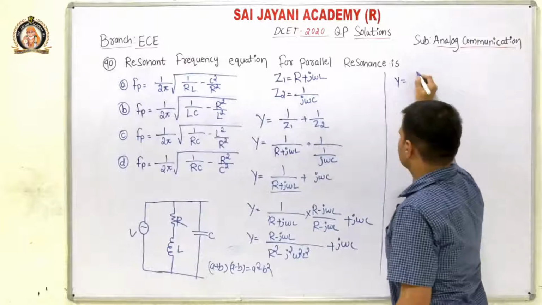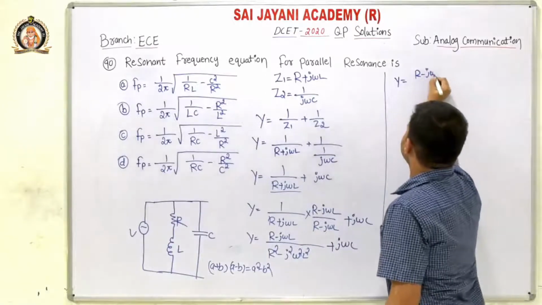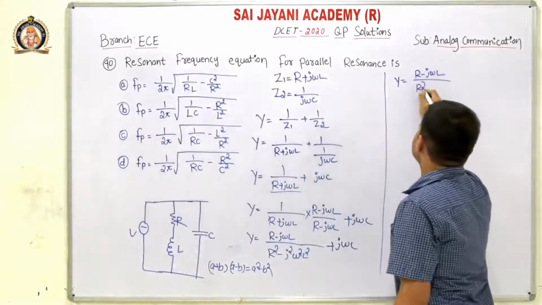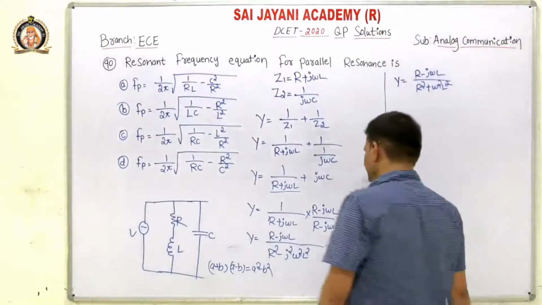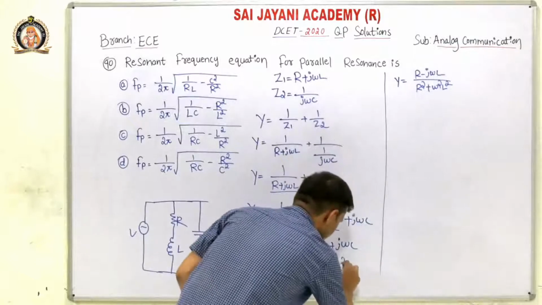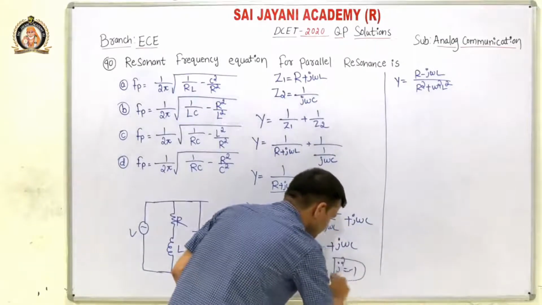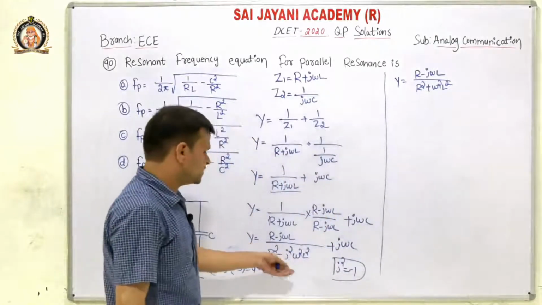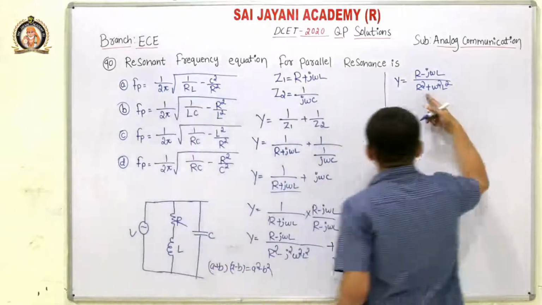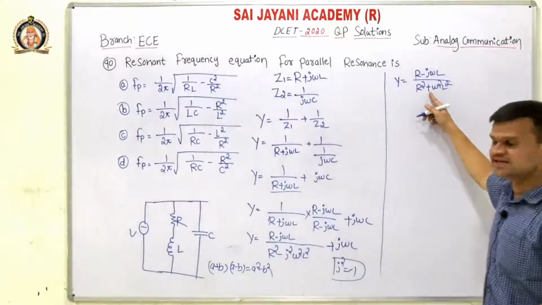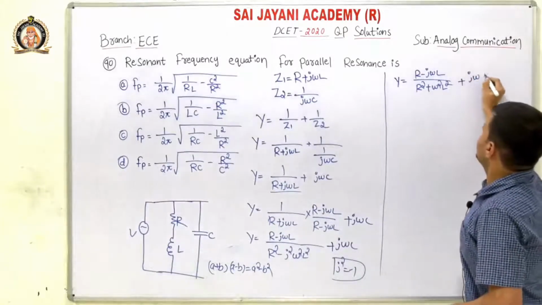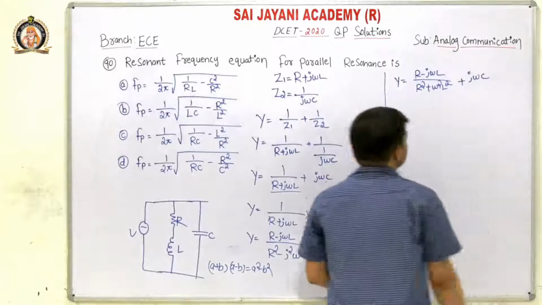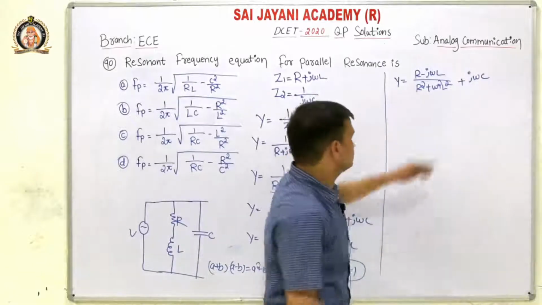here Y is equal to R minus j omega L divided by R square plus omega square into L square. Why? Because here j square, its value is minus 1. So minus 1 into minus becomes plus. So R square plus omega square into L square, plus j omega C. Now we will take the LCM.